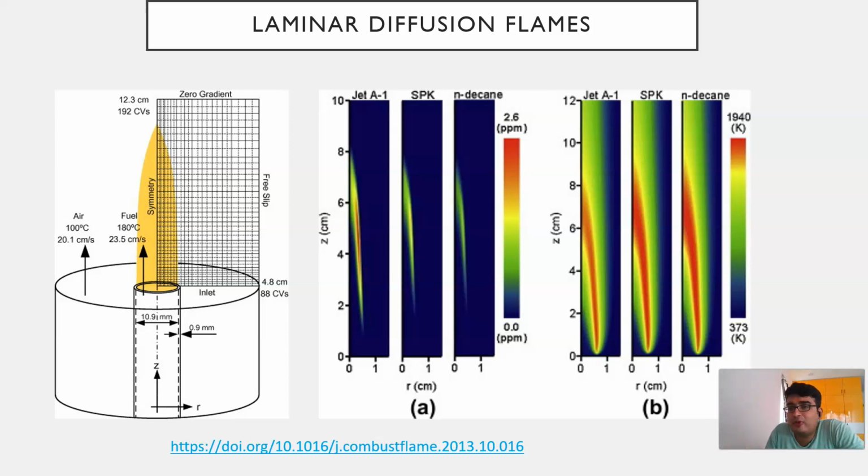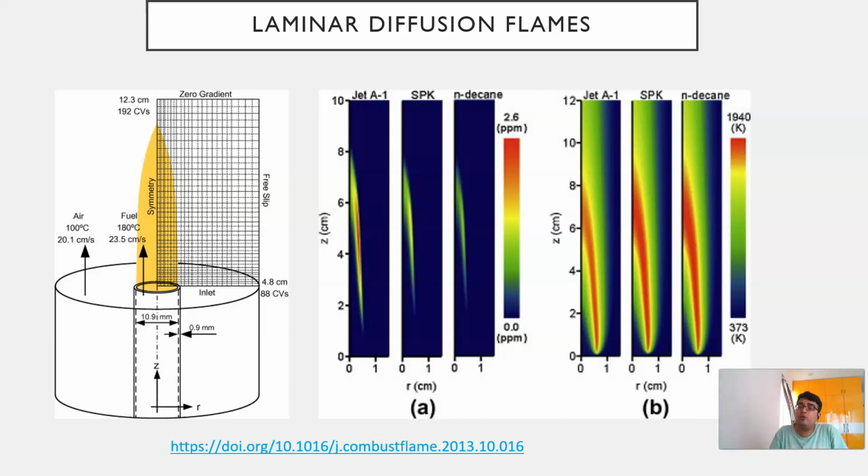And the soot, once produced, can be imperfectly oxidized, so some soot will be left over. That's why diffusion flames often produce a lot of soot, and you find this in candle flames. All the yellow-colored flames, the yellow color is emission from heated soot particles.